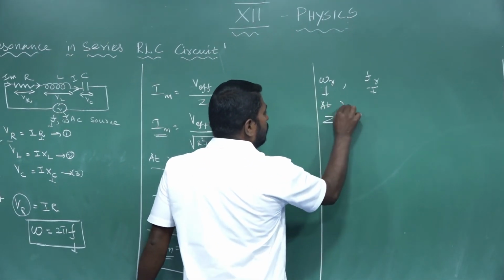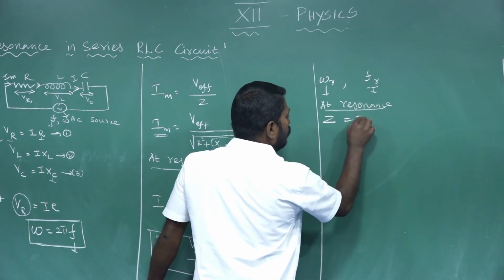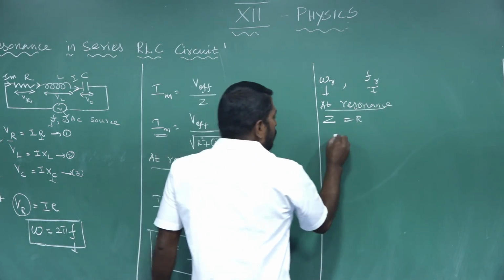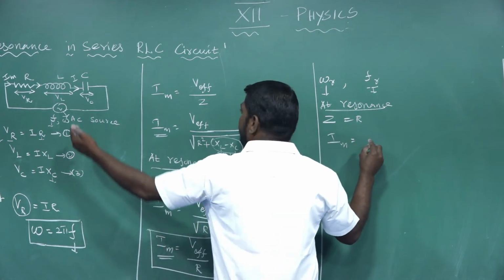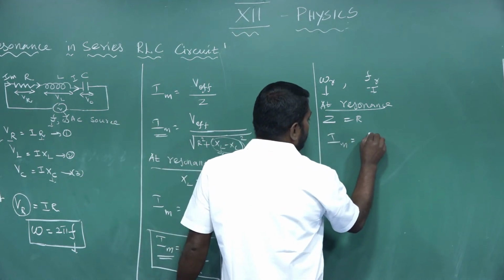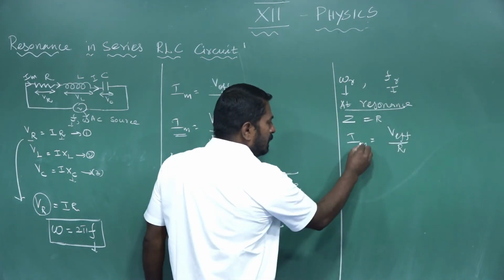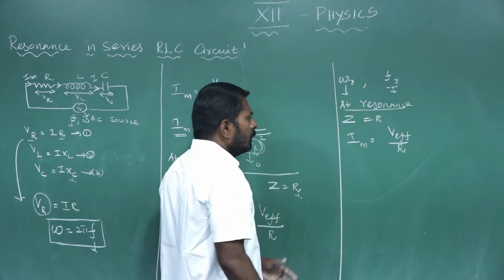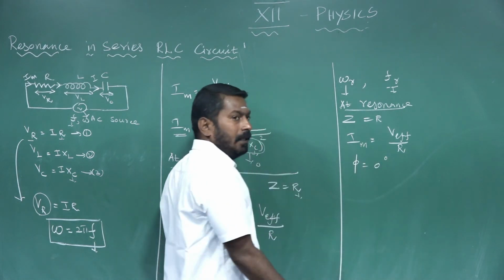At resonance, Z is equal to R. Z is the minimum value, so the current is maximum. Maximum current through the series RLC circuit is V effective divided by R. This is the maximum current. Phase angle between applied voltage and applied current is 0 degree.